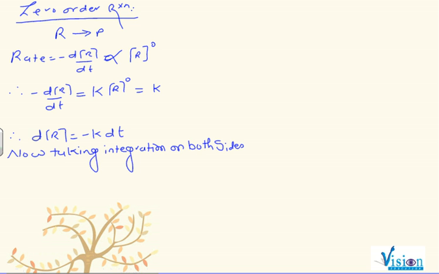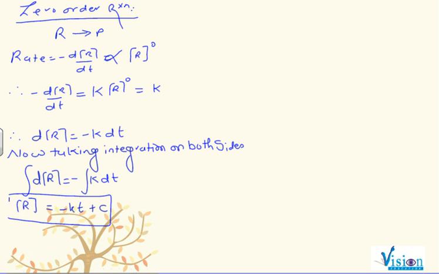Taking integration on both sides, integration of dR equals to minus integration of k dt, and we know integration of dR is R, minus kt plus c. So R equals to minus kt plus c.